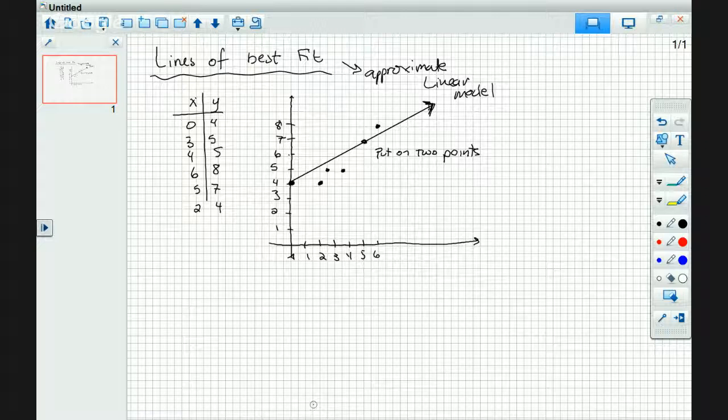How do I write an equation for that line? Okay. Step one is the slope. What are these points? And 5, 7. Okay. Calculate the slope.